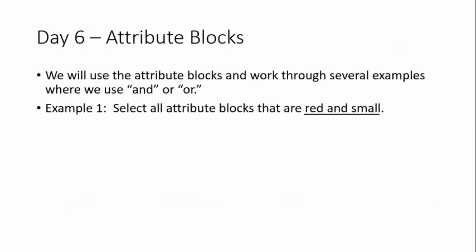We're going to use the attribute blocks to help us demonstrate the and the or. So in this example, select all attribute blocks that are red and small. So think about what was in the attribute block kit.